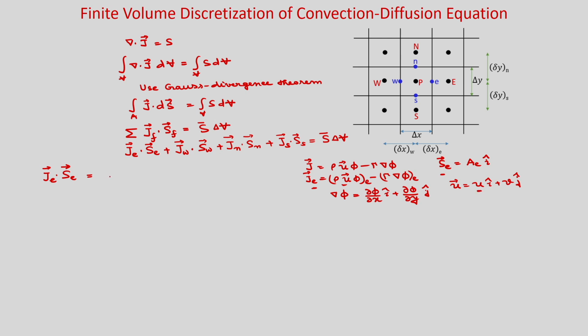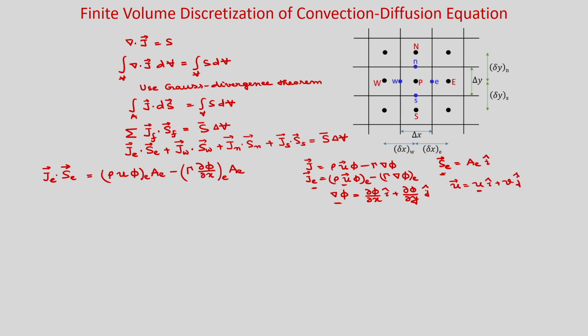So, it will be rho u phi at east face into A_E minus gamma del phi by del x, because grad phi is del phi by del x i and you are making the dot product with A_C. So, del phi by del x into A_E, del phi by del x at east face, A_E.